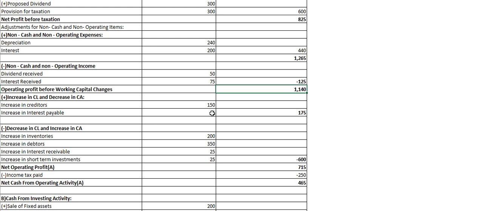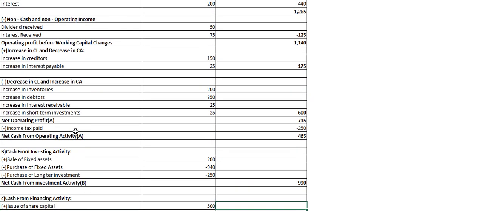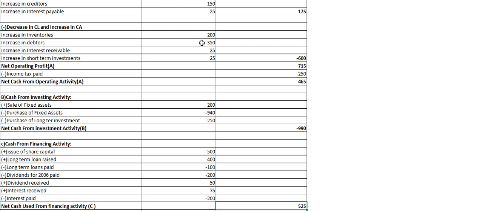So your increase in current liability and decrease in current asset will be added. So increase in creditors 150, increase in interest payable 25. So you get 175, minus your decrease in current liability and increase in current asset. So increase in inventories 200, increase in debtors 350, increase in interest receivable 25, increase in short-term investment 25. So you get minus 600.